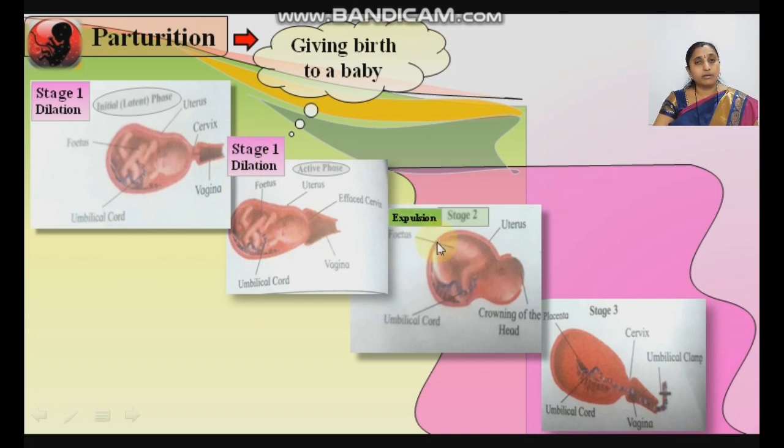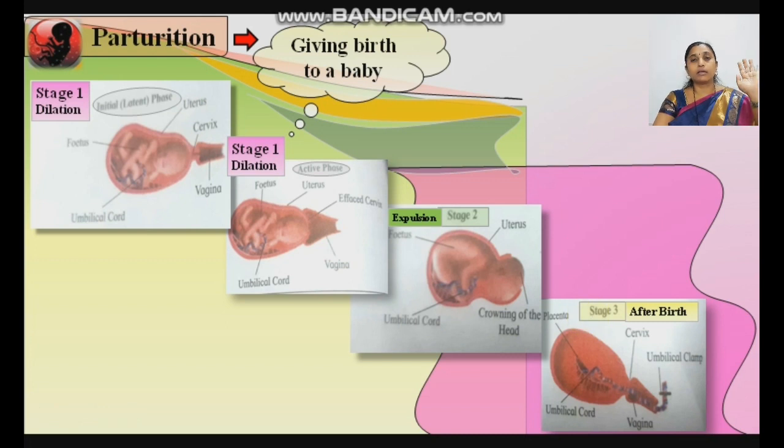Expulsion, that is the passage of the baby outside through the vagina. Expulsion, coming outside, is the 2nd stage. During expulsion, what is the direction of the fetus? The head is always directed downward, forward towards the cervix and vagina. And the last stage is the afterbirth. The baby comes outside through the vagina of the mother.